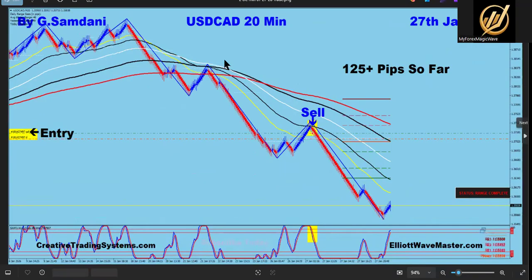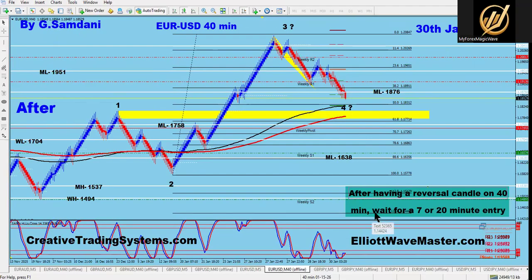The next trade you can see here is USDCAD from the 20-minute chart, and these are the two charts, 20-minute and 5-minute chart, as they are written. This is a 40-minute chart, my analysis chart, right? This is where I do my analysis.